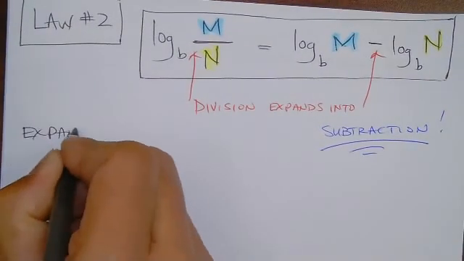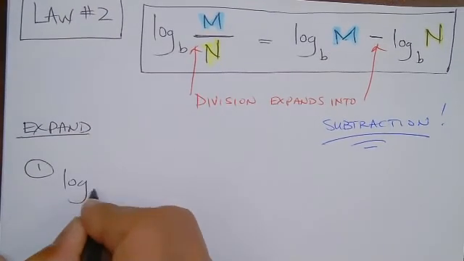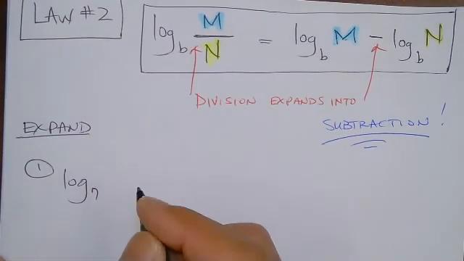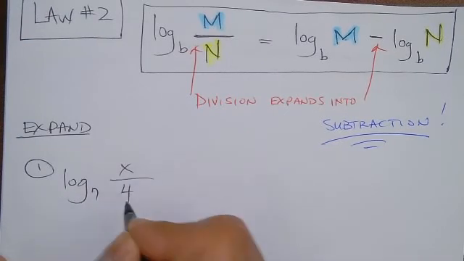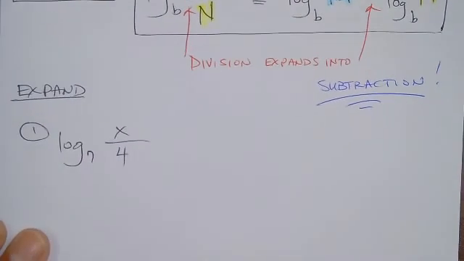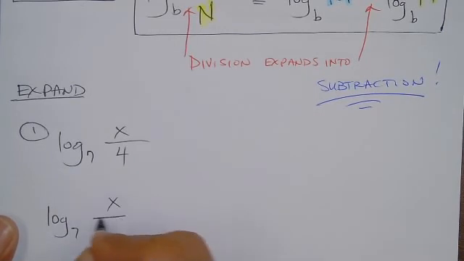Okay. All right, let's look at some quick examples because I think you got it already. Okay. So again, it's going to say expand each logarithm, but I'm just going to put expand, okay? Number one, what if I have log base 7 of x over 4?